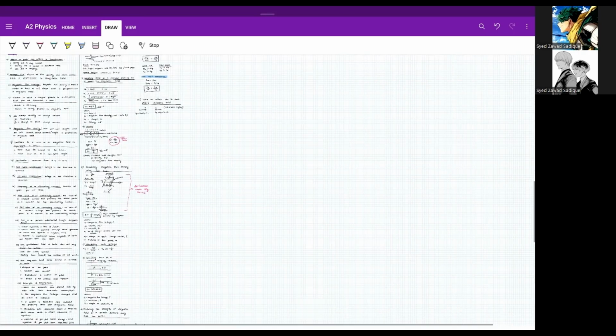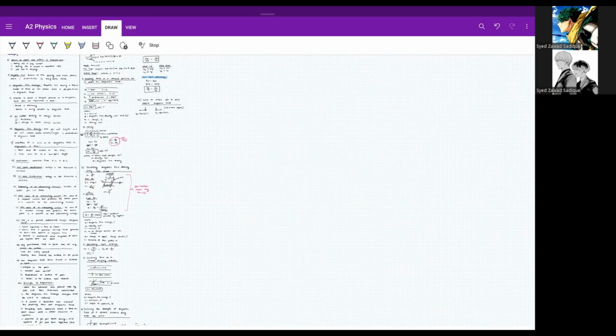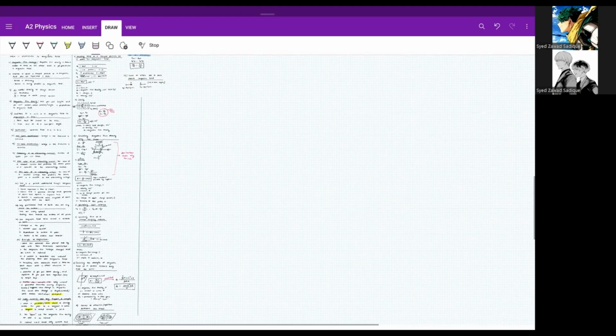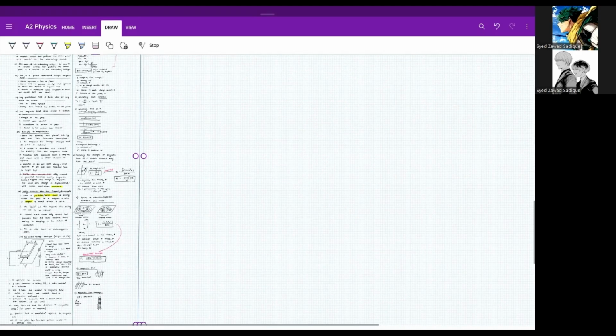Hold up. So a line, like a separate line. I don't think we need this much space, but sure, I'll take it.